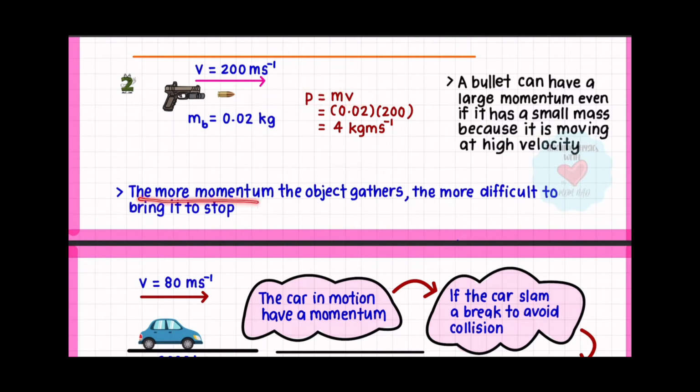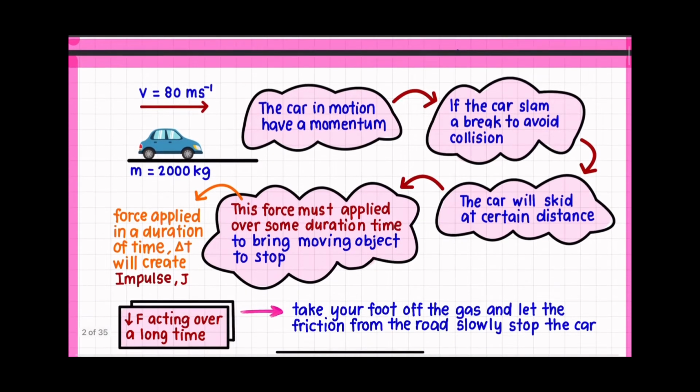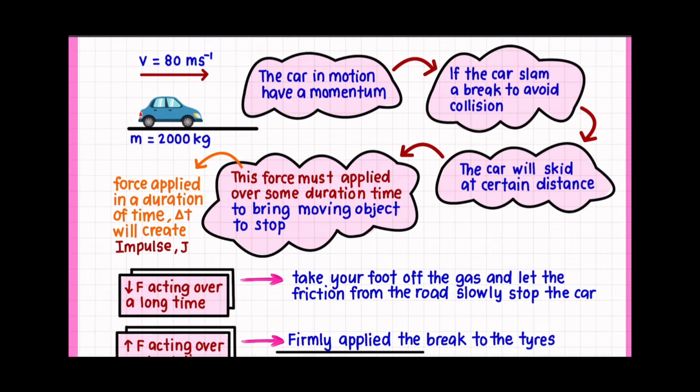But the more momentum an object gathers, the more difficult it is to bring it to stop. Okay, maksudnya itulah momentum. Let's say we have a car of 2000 kilogram moving with velocity of 80 meter per second. So the car in motion has a momentum because it has mass and velocity. If the car slams the brake to avoid a collision, the car will skid a certain distance.